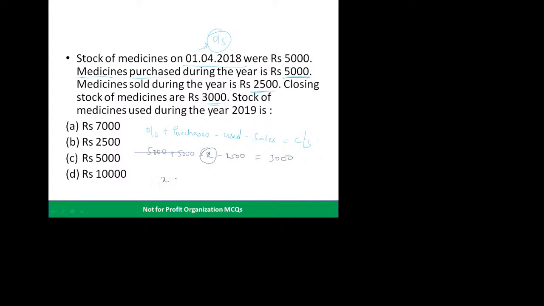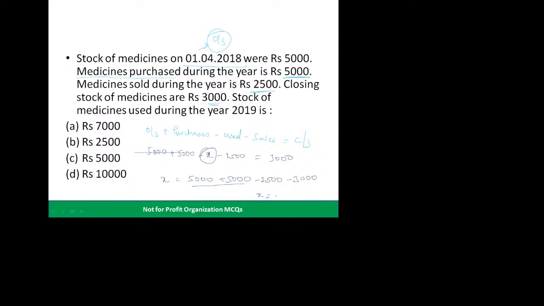X is equal to 5,000 plus 5,000, minus 2,500, minus 3,000. 5,000 plus 5,000 is 10,000. So what is the value of X?